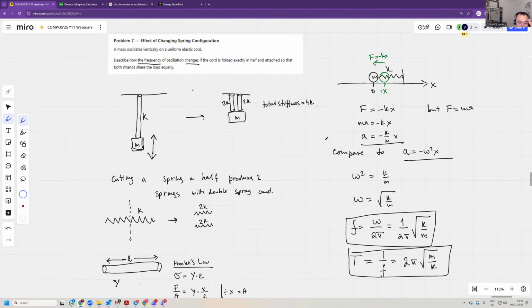And we know that the frequency is proportional to the square root of K. If we replace K with 4K, the frequency doubles. So the answer: frequency doubles.